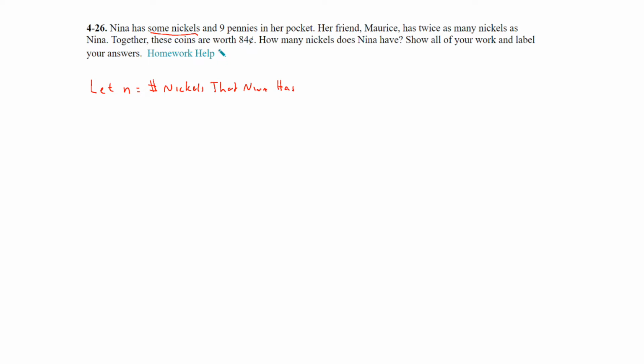We also know she has 9 pennies in her pocket, but Maurice has twice as many nickels. So if Maurice has twice as many, so 2N would equal the number of nickels that Maurice has.